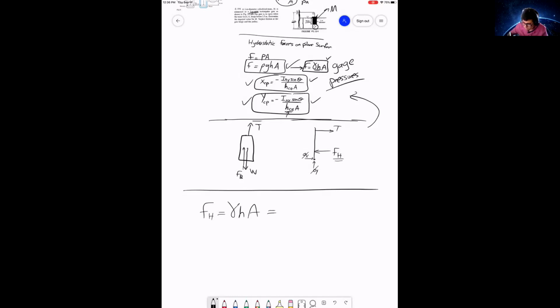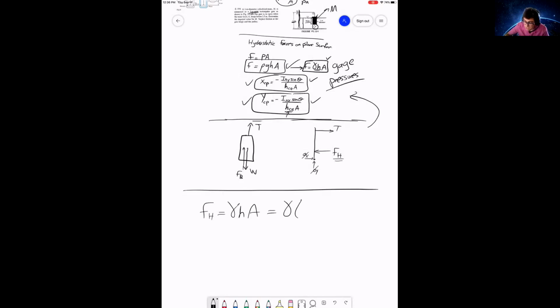Let's leave it like that, gamma. And then over here 8, right? For H, you mean? Oh, for A, the area was 8, but for H, we just leave it as H, right?